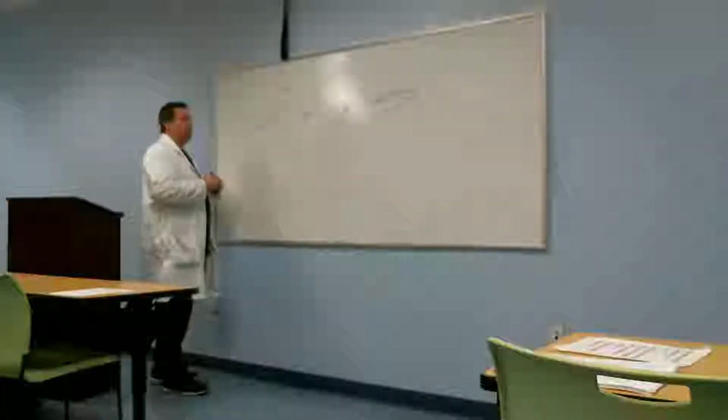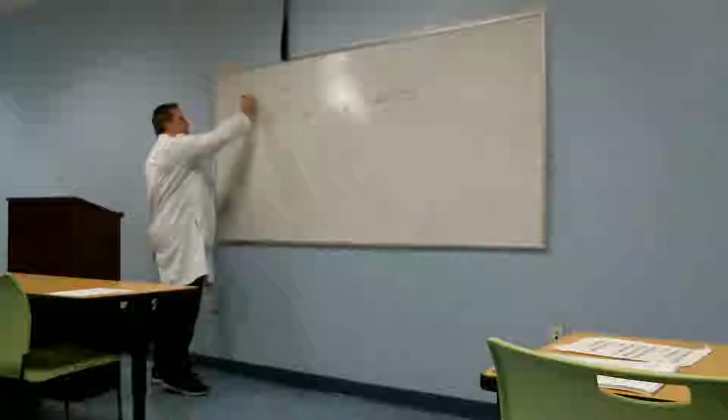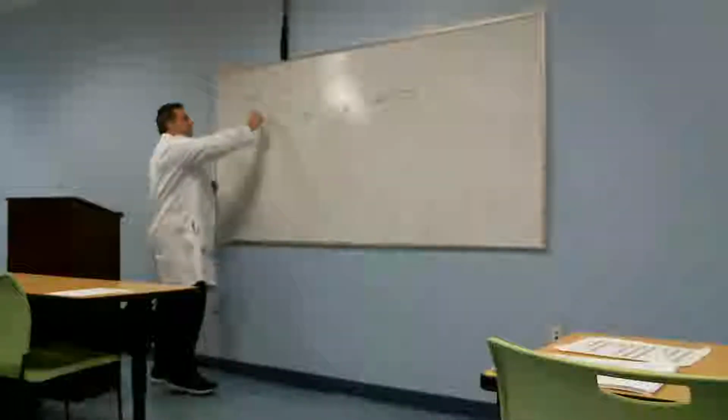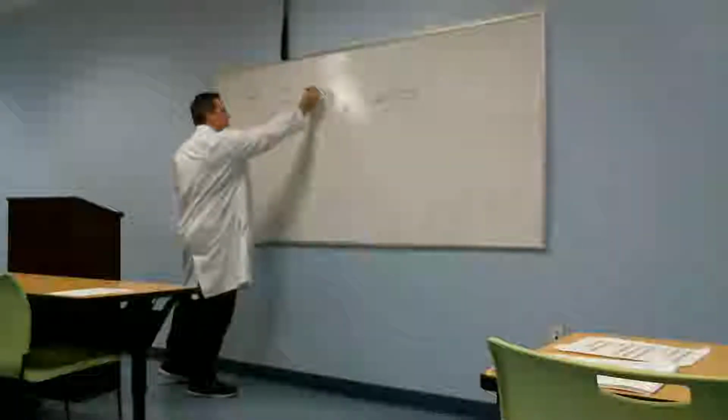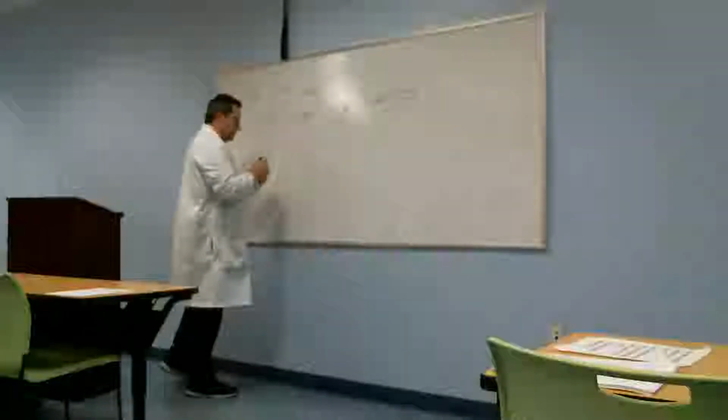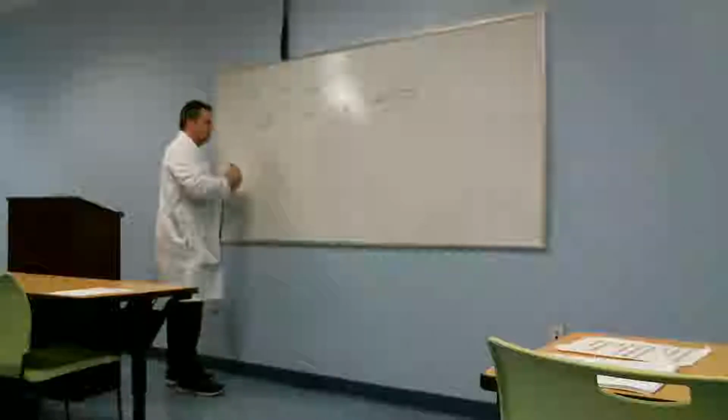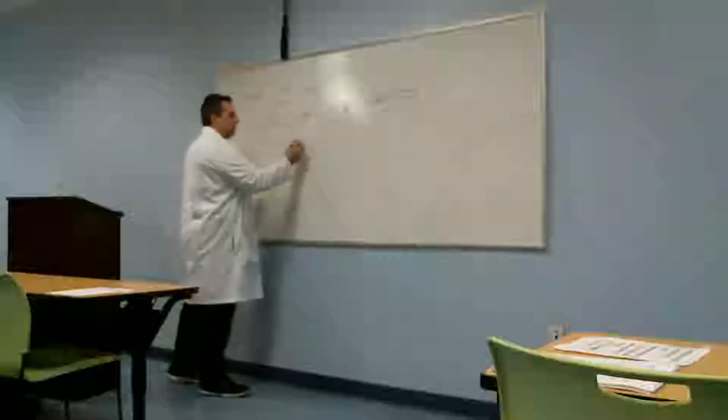There's always one part that's going to move more and one part that's going to move less. The part that moves less, we call the origin. The part that moves more is called the insertion. So, real quick right here.